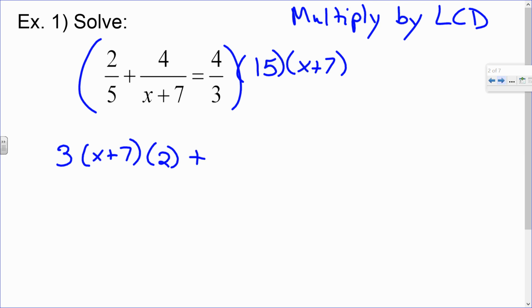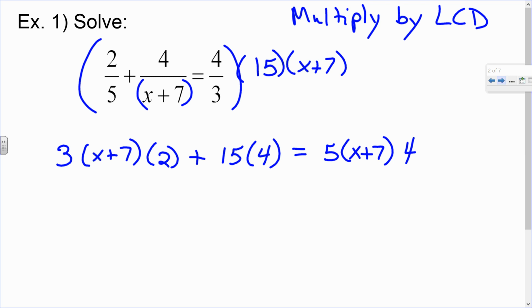When I multiply the second term, the x plus 7 will cancel, and I will have the 15, which needs to be multiplied by the numerator. And when I multiply by the final term, the 15 over 3 will cancel, and I will have 5. The x plus 7 will not cancel, and that will still need to be multiplied by the numerator. So you guys finish it for me.